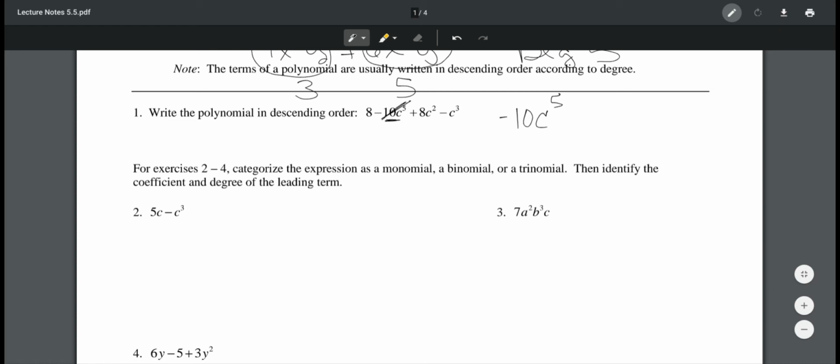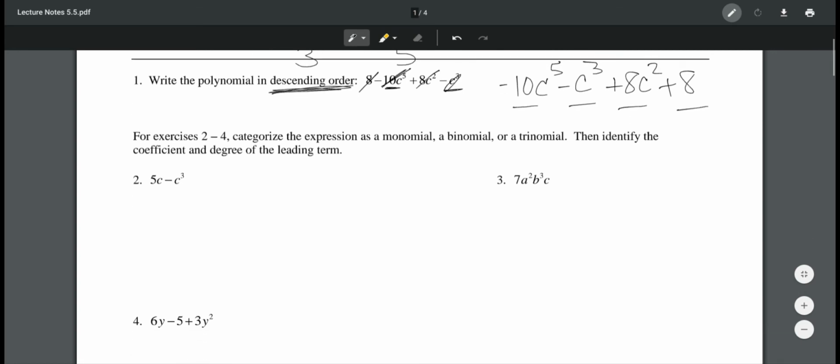So I've got that accounted for. The next exponent I see is a third. So minus c to the third. Then I have my 8c squared and my positive 8. And so if you notice, I go from c to the fifth, c to the third, c squared to a constant term. That would be writing a polynomial in descending order.